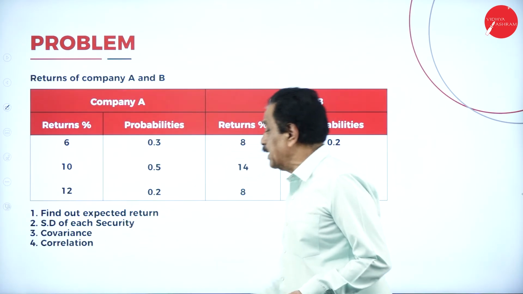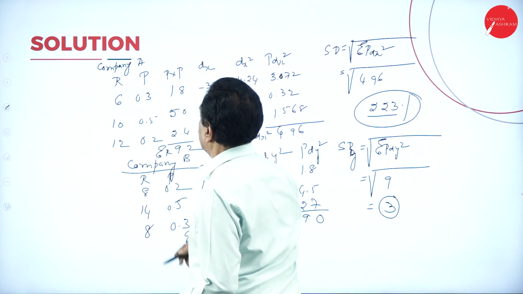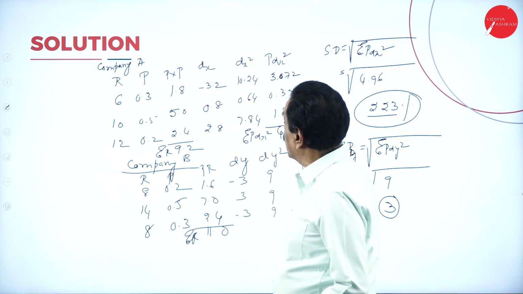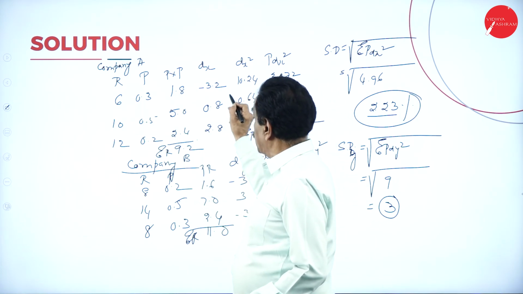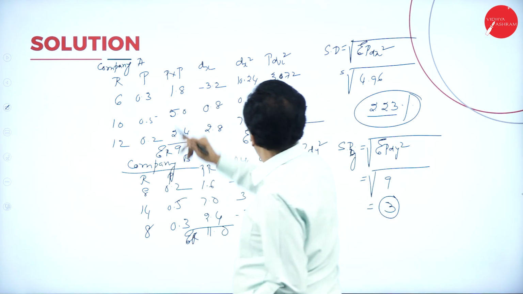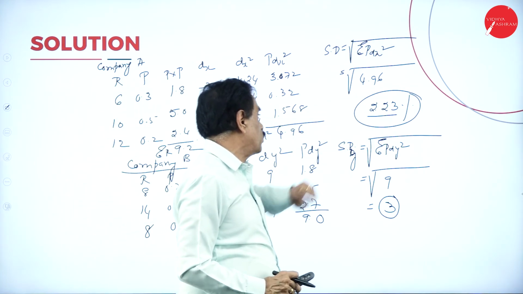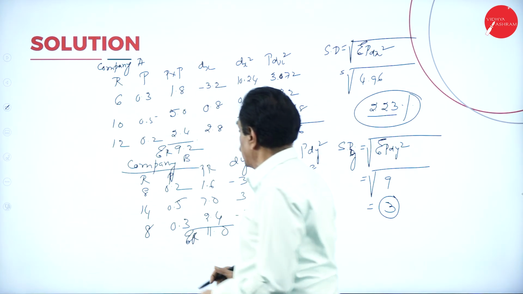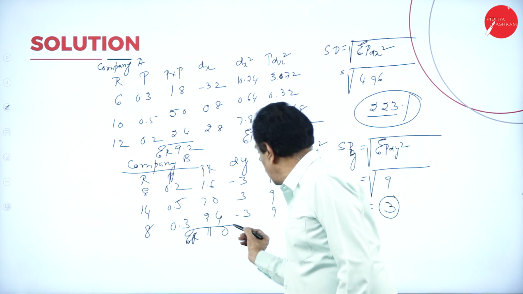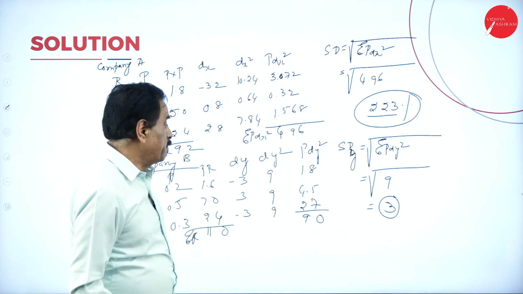Let me recap. Find the expected return and standard deviation of each security. See that R and P are there. Multiply R into P: 1.8, 5, 2.4. Add the figures, expected return becomes 9.2. Take the deviation, 6 minus 9.2, 0.8, 2.8. Square of this, dx square, multiplied by probability, sigma p dx square, root of 4.96 is 2.23. Same thing goes for y. Expected return is 11. Deviations are minus 3, 3, minus 3, the square is 9, multiplied by probability, which becomes 9.